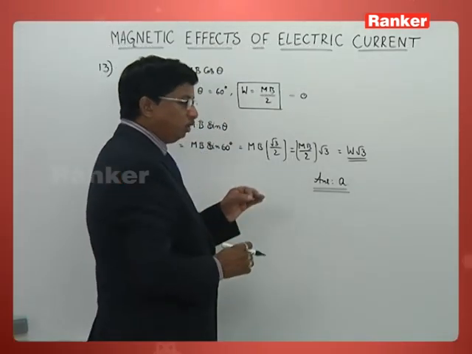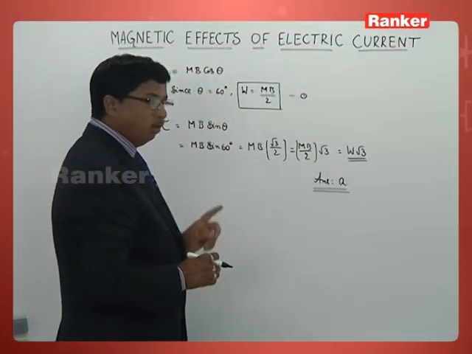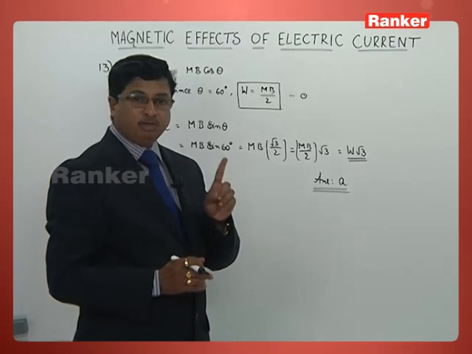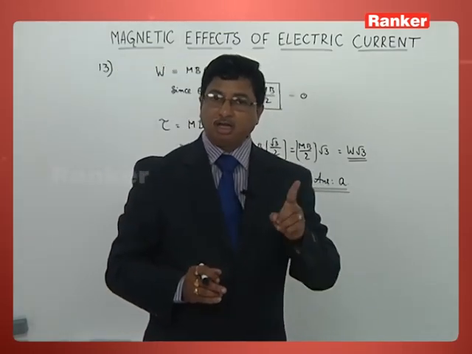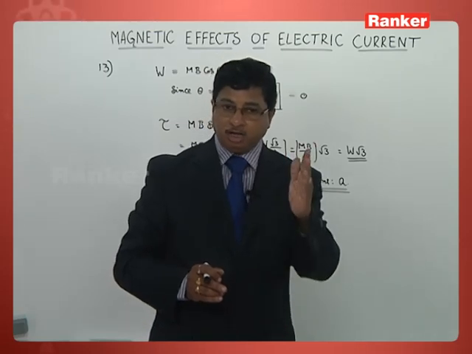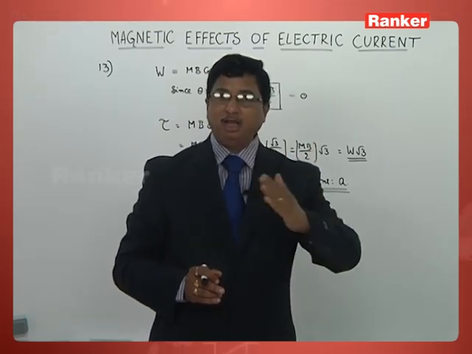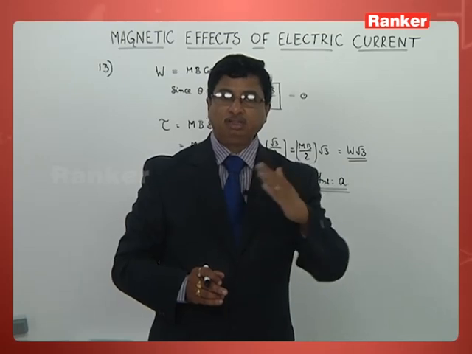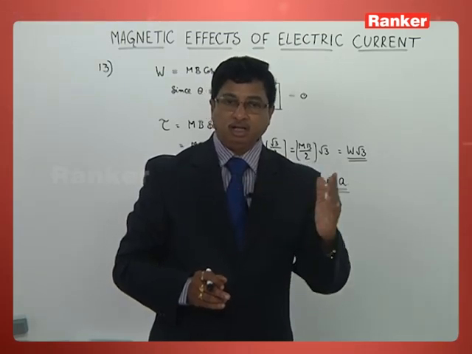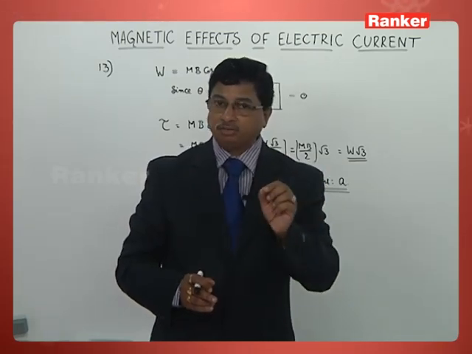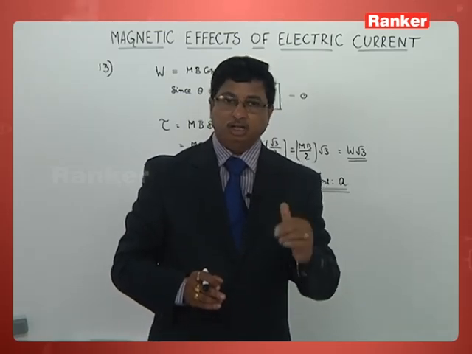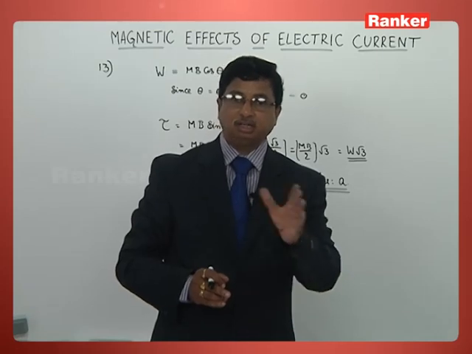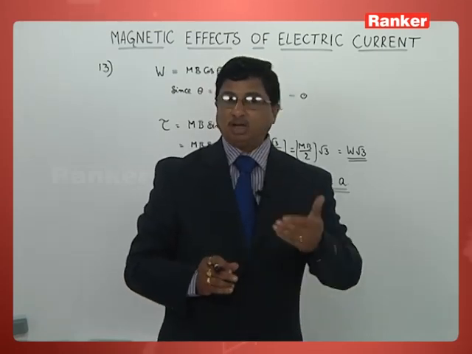So I just repeat these two formulae once again. One is the amount of work needed in rotating a magnet or magnetic needle from the direction of the field by an angle theta. What is the formula for work done there? It is MB cos theta. Work being a scalar, we get MB cos theta. And what next?